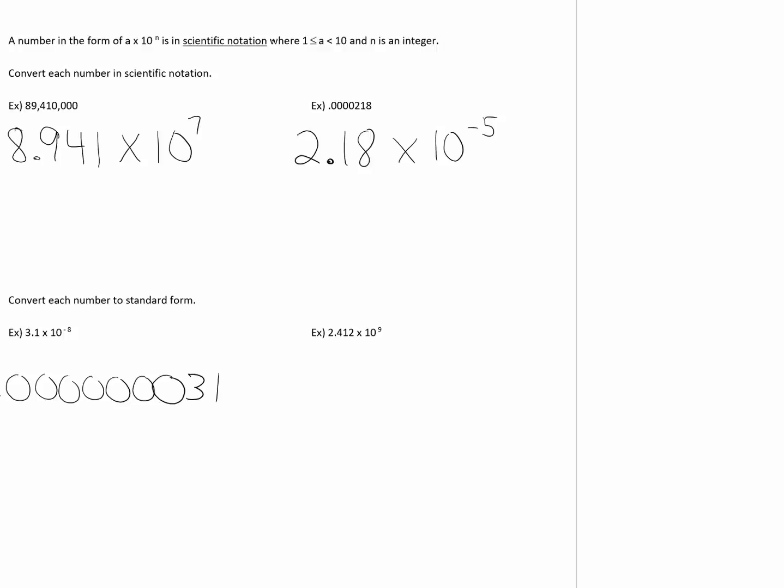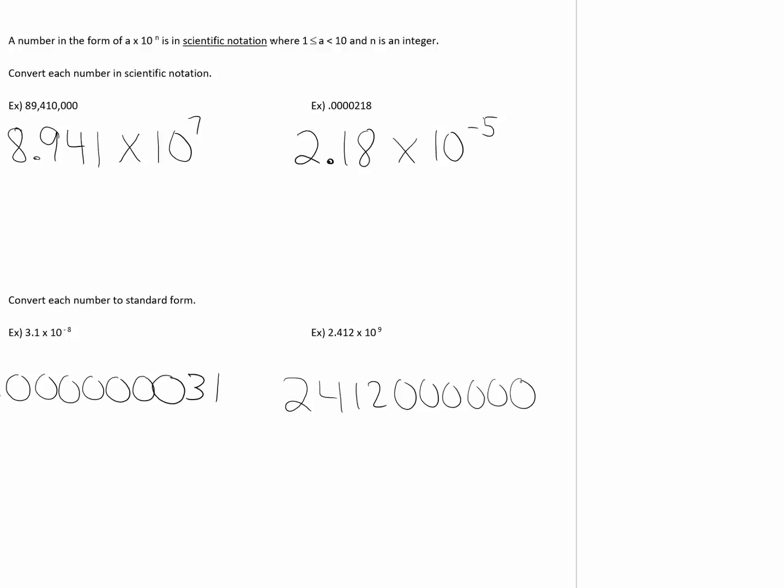Okay. Let's do this particular number. Now, notice the exponent power is positive. That means I'm going to be moving the decimal to the right 9 places. Well, if I move it 3, I get it past the 4, the 1, and the 2. So that means I need 6 placeholders, which means I'm going to need 6 zeros. So I'll write this.